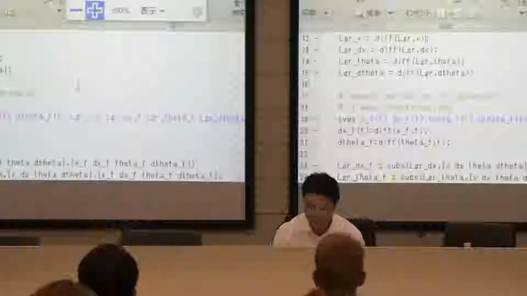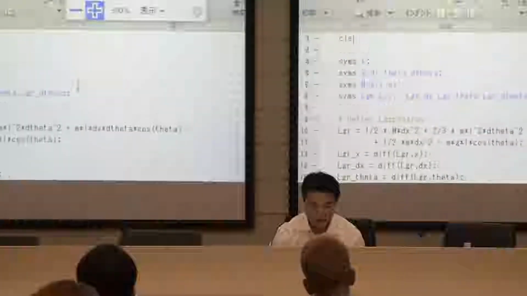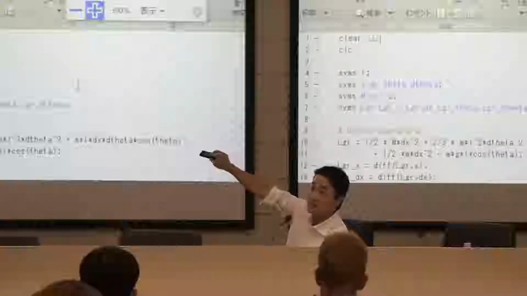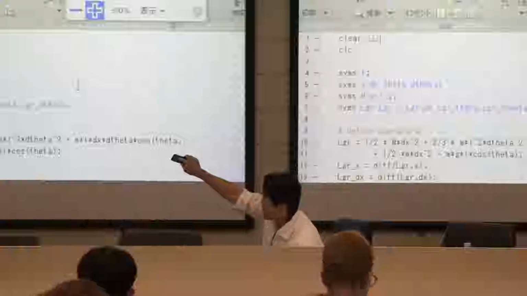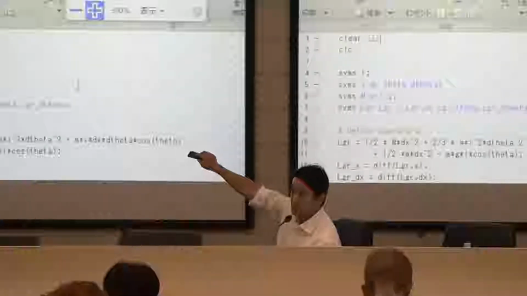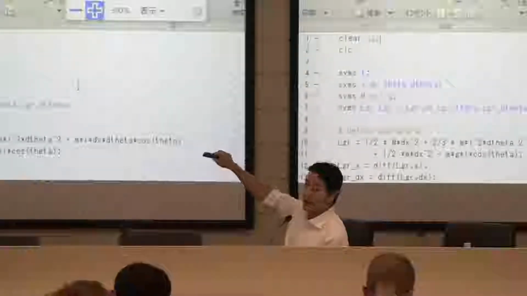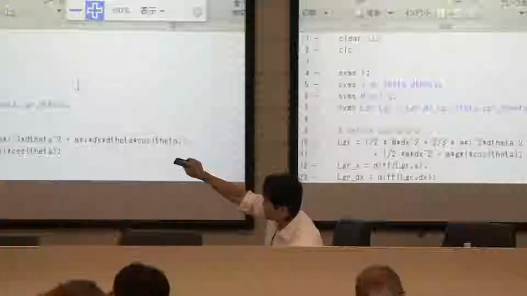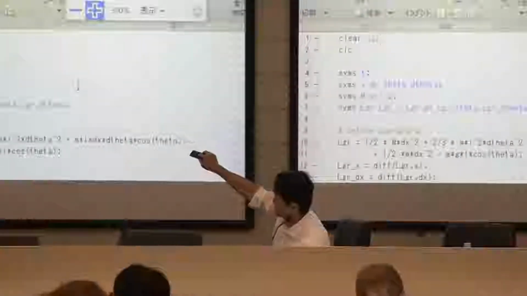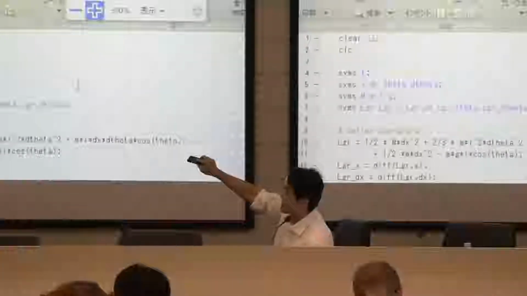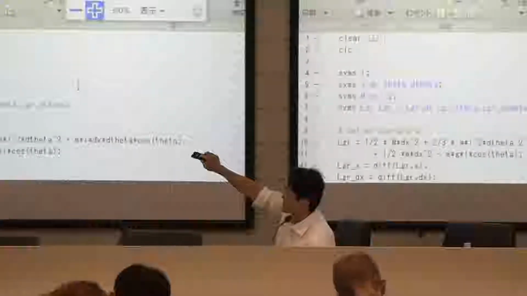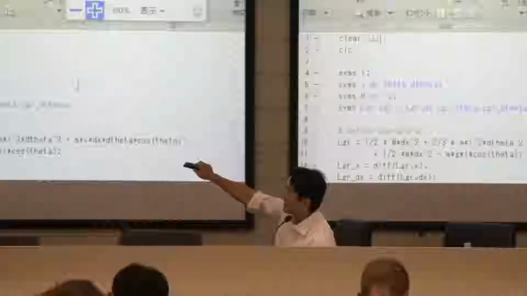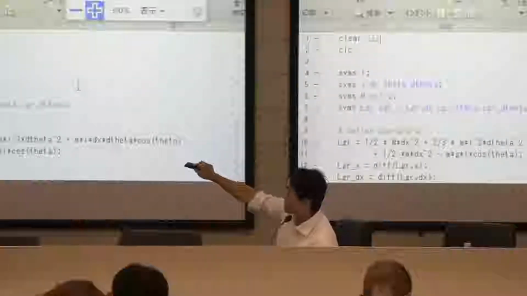To use the symbolic math toolbox, you have to declare what the symbols are. So T is a symbol, so write syms T. By doing this, MATLAB understands T is a symbol. And x, dx, theta, dtheta, these are x, x dot, theta, and theta dot. These are also symbols. And M is the mass of the cart.